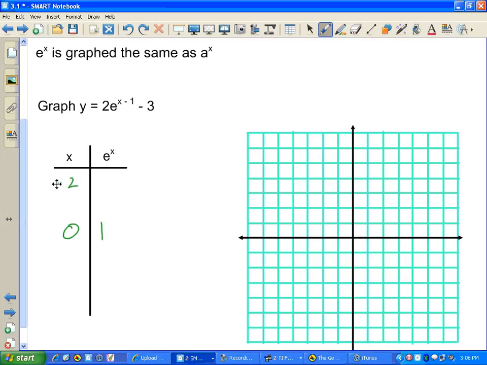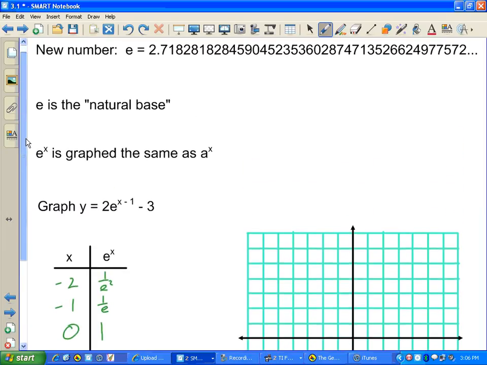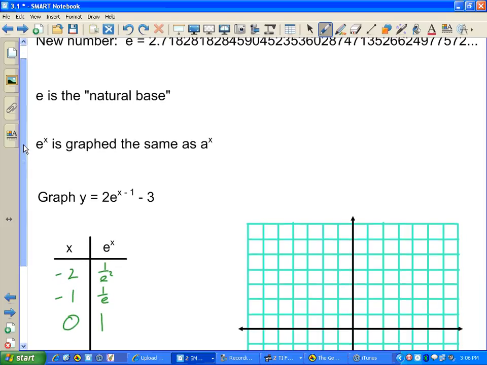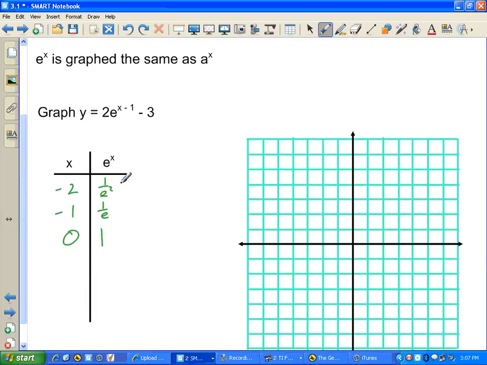If I put in -2, that's 1 over e squared. If I do -1, that's 1 over e. Okay, so this is 1 over 2.7 squared, which is going to be more than 2 squared, not quite 3 squared, but it is closer to 3 than it is to 2, so this will be about 1 over 7.5, say, as a rough guess.